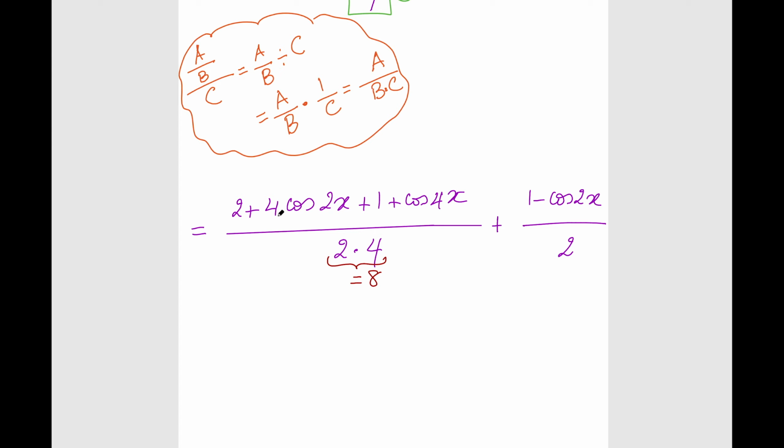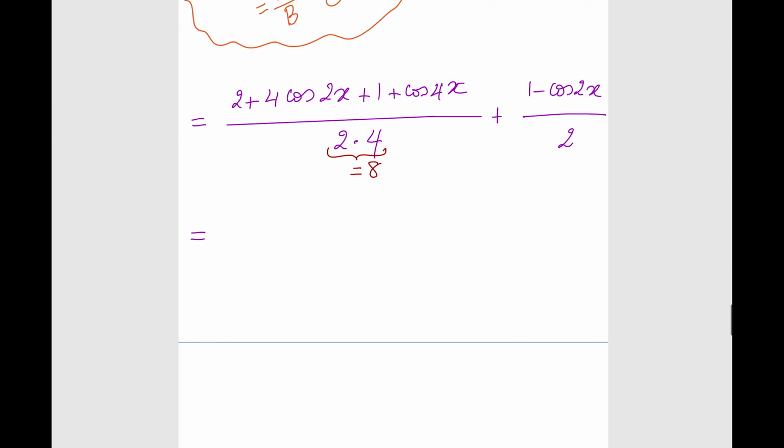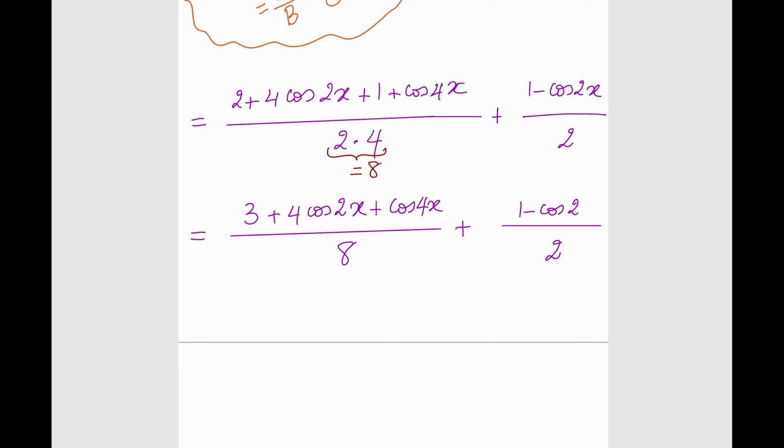And upstairs, can I simplify? 2 plus 1 is 3, right? Let me write that down. So upstairs is 2 plus 1, so 3, plus 4 cosine of 2x, plus 1 times cosine of 4x. I cannot combine, right? This is cosine of 2x, this is something, and this is a completely different thing. This is cosine of 4x divided by 8 plus 1 minus cosine 2x over 2.